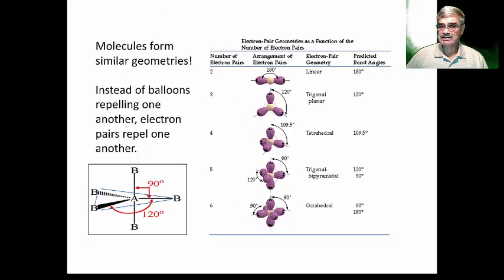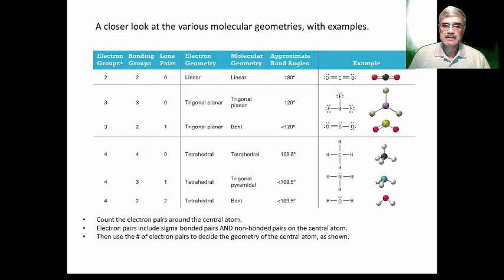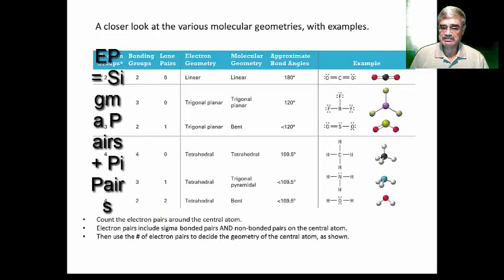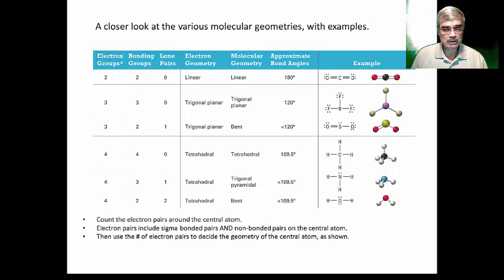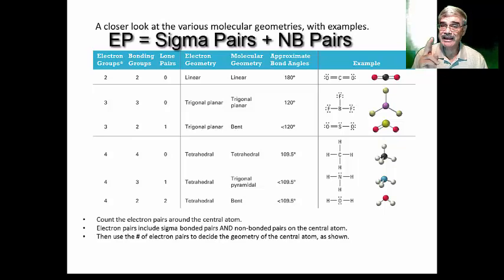Now, how do we count these electron pairs? In this slide, the first column is these electron pairs. Here it's called electron groups. I sometimes call these structural pairs. To arrive at the number of electron pairs, you count the number of sigma-bonded pairs of electrons around a central atom and non-bonded pairs of electrons around a central atom.